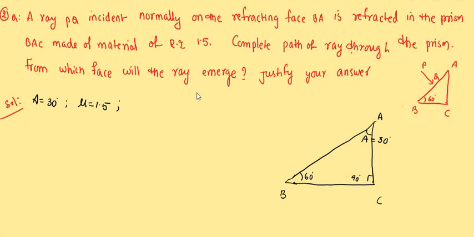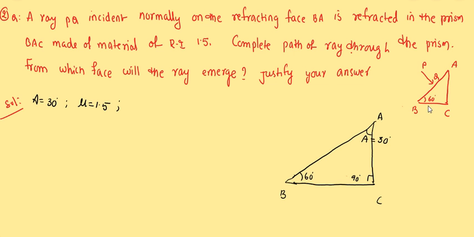From which face will the ray emerge? Justify your answer. You see this figure they also gave in the question. One light ray is incident normally on the prism ABC. Then through which face that light ray will emerge, that is what we require.